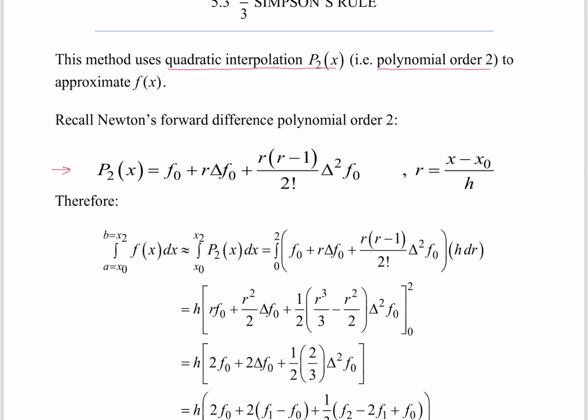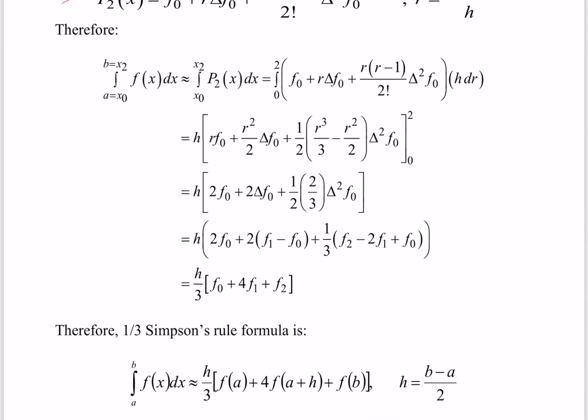If you substitute it in for f(x), integrate and manipulate, what you will get is the last formula here: h over 3 multiplied by f0 plus 4 multiplied by f1 plus f2.